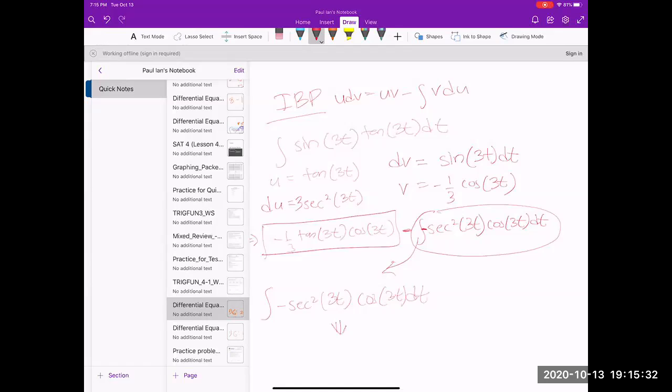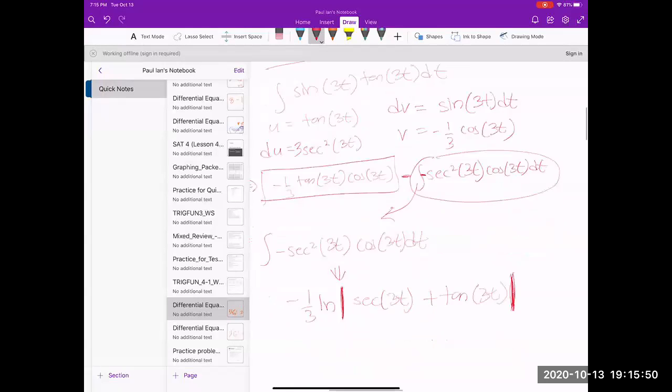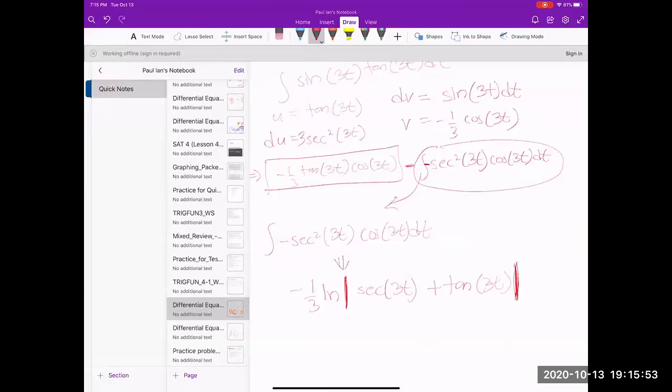This is -1/3 natural log of secant 3t plus tan 3t. It's a trig identity, I guess. Oftentimes when you have something like this, it's really crazy.